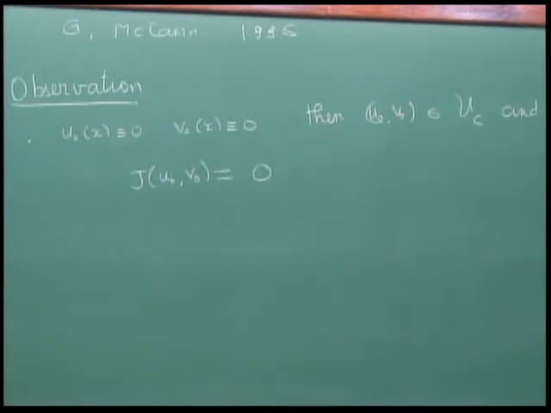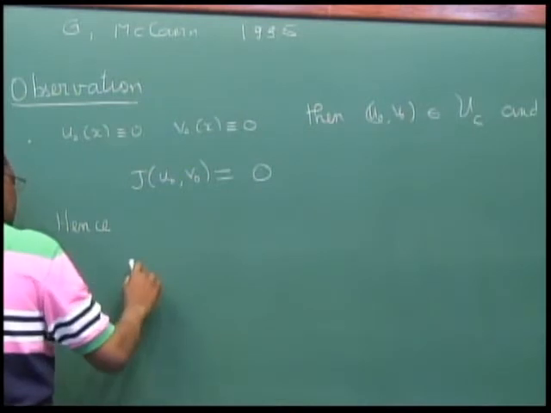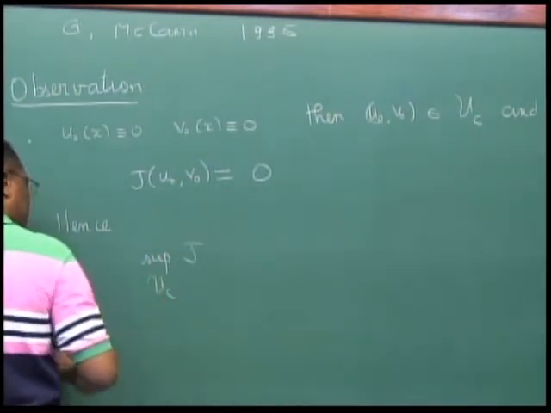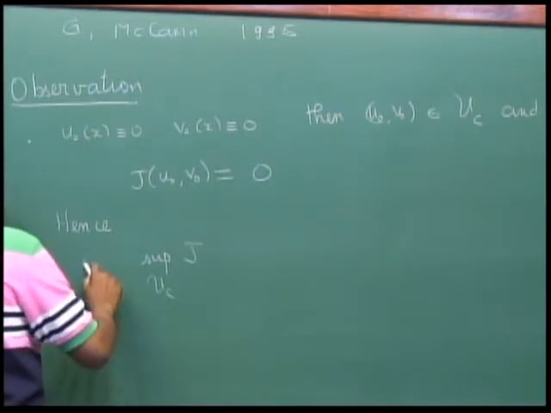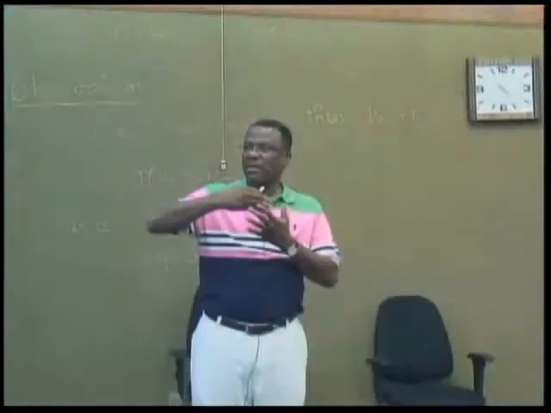So this implies that the supremum of J on UC is greater than or equal to 0. And so I have eliminated the possibility that J is identically negative infinity. Now I want to eliminate the possibility that J is identically plus infinity.